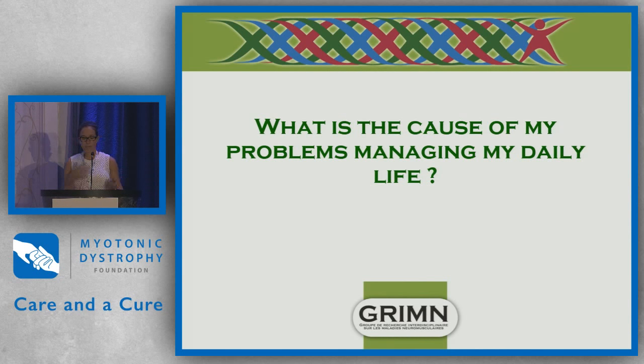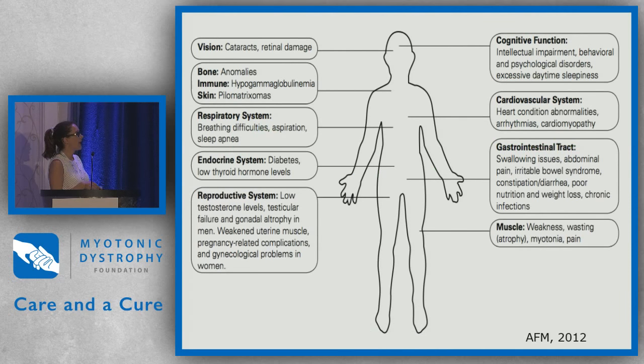So, what is the cause of my problems managing my daily life? One of the first researchers in myotonic dystrophy and a wonderful clinician, Dr. Harper in the UK, said that it was one of the most complex human disorders because every single system is affected or could be affected by myotonic dystrophy. And it's highly variable from one patient to another.